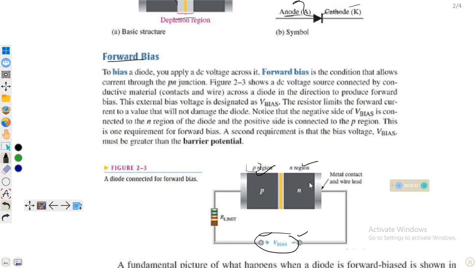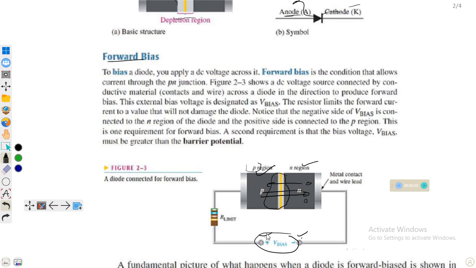The negative terminal will repel these electrons and force them toward this region, because negative and negative repel each other, and similarly positive and positive repel each other. All the electrons will come into this region, and this will minimize the depletion region.